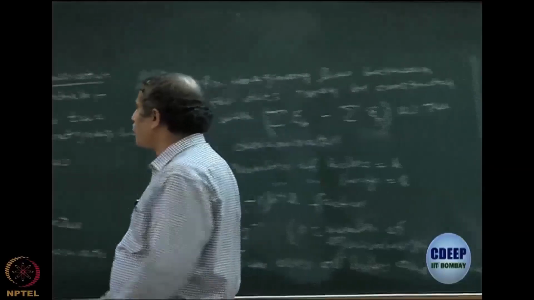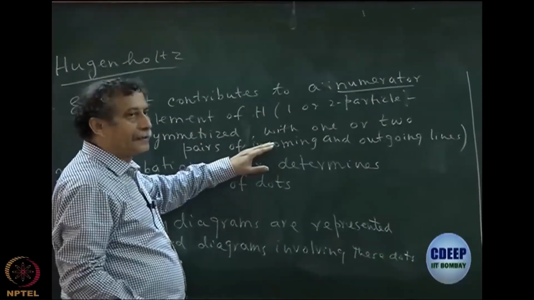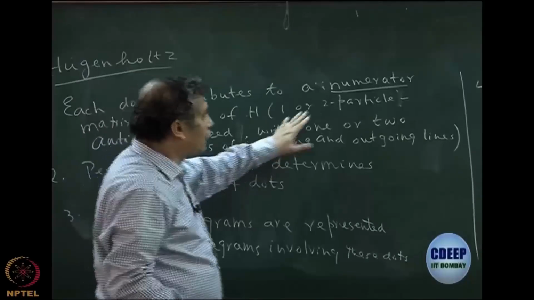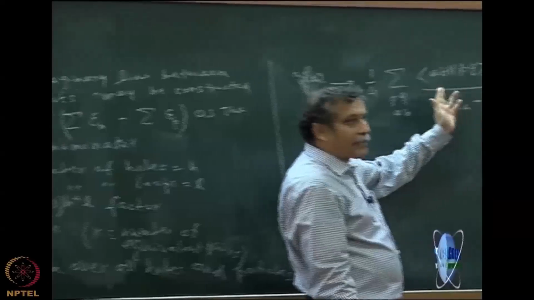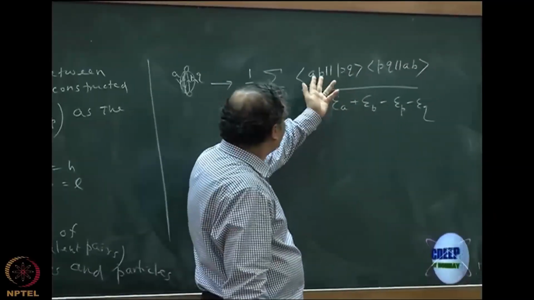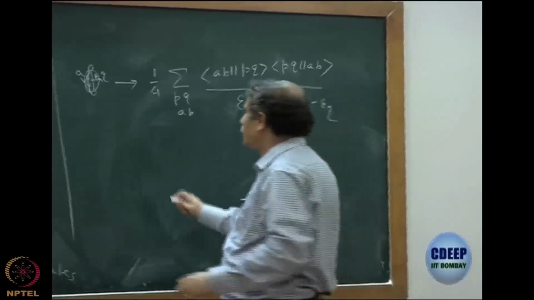So, the matrix element that this contributes is basically the pair of incoming on one side and outgoing on the other side, or since they are all real, it does not matter, you can have outgoing here and incoming here. Okay. So, this is this.